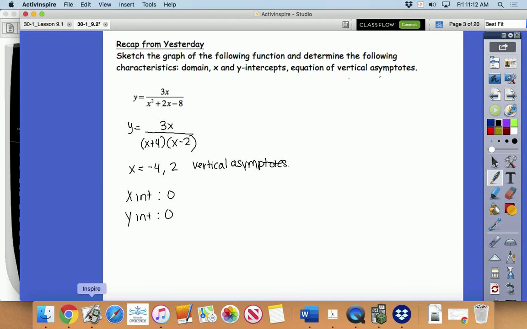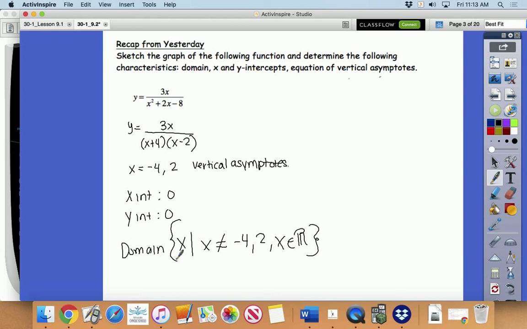So the domain here is x such that x cannot equal negative 4 and 2. That's all they wanted us to focus on right now, the domain.